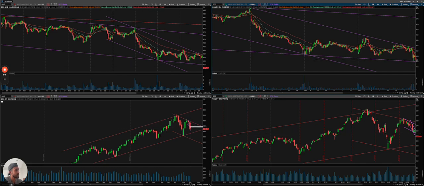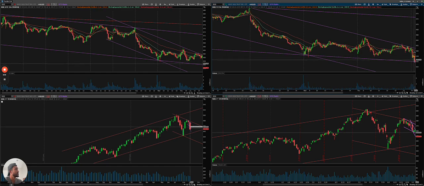There's a little wick, so it was showing a lot of weakness, and you see the volume is also increasing from 500,000 to about 600,000. So there's more people joining the trend. And then the next one trended up, but also came down again, forming a reverse hammer, which means there's even more strength.